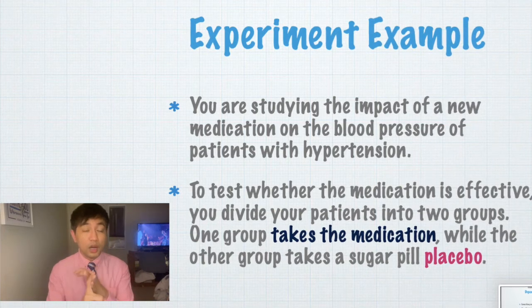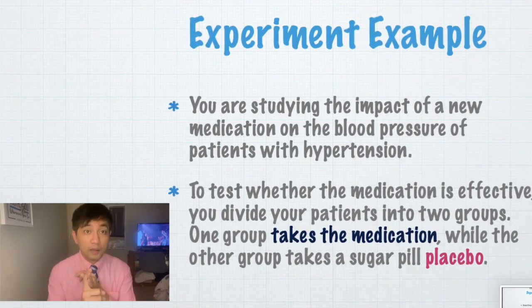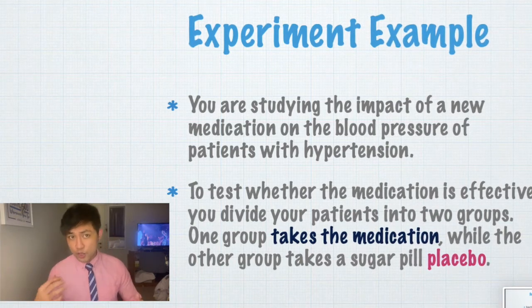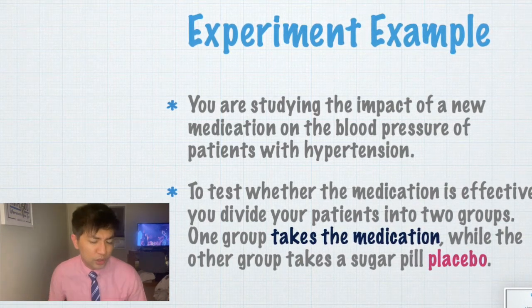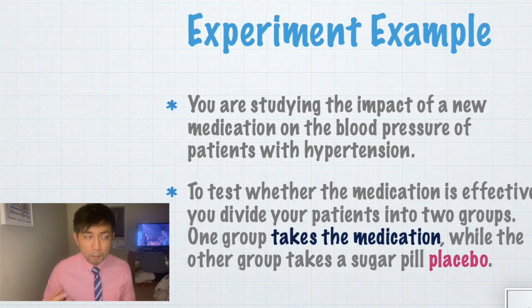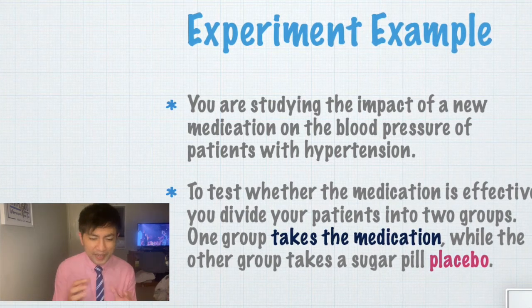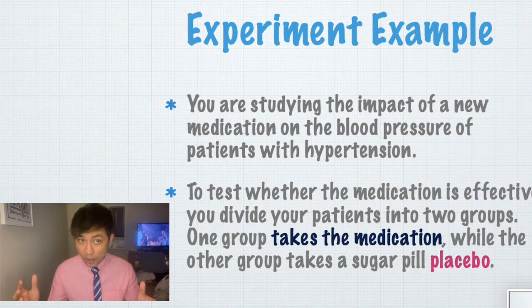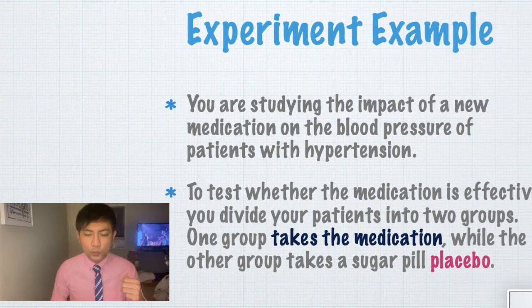The level of blood pressure of the patient. We can also visualize the dependent and independent variables. How do we visualize it? When we plot the result, the x-axis is where you put your independent variable, and your y-axis, the vertical one, is where you put your dependent variable.